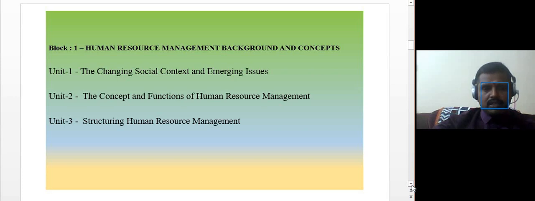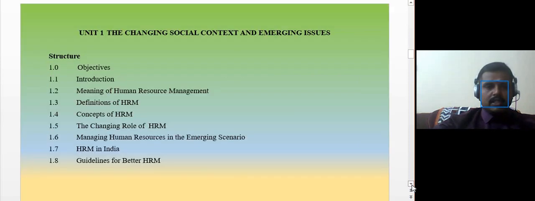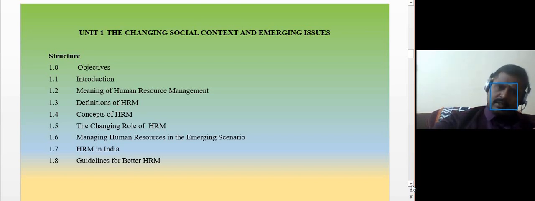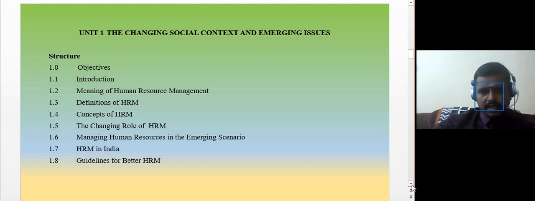Unit 1 is the changing social context and emerging issues, unit 2 is the concepts and functions of human resource management, and unit 3 is the structuring of human resource management. So this is the structure of unit 1. The title of the unit is the changing social context and emerging issues.